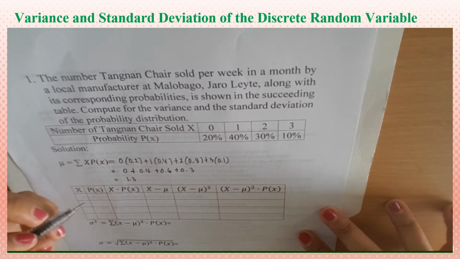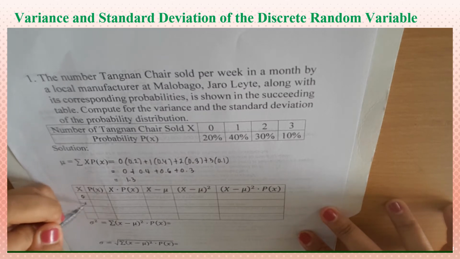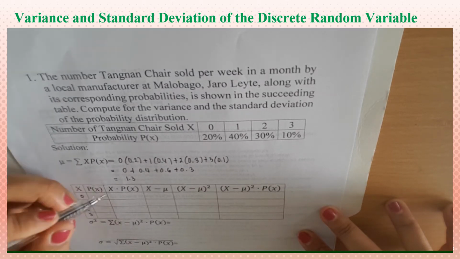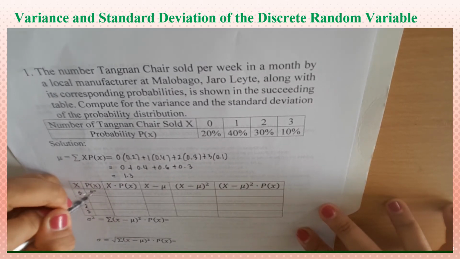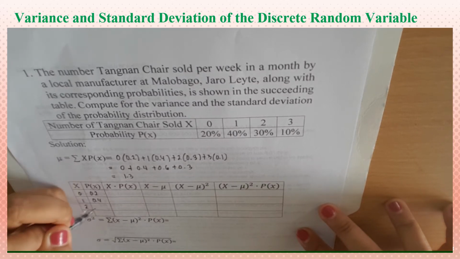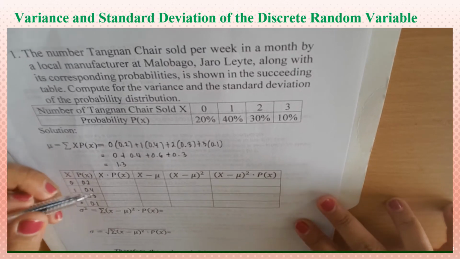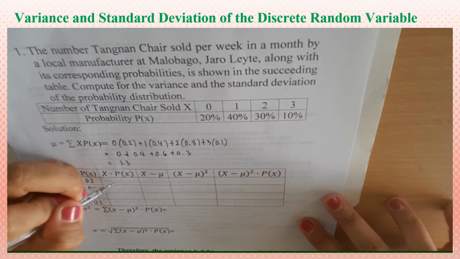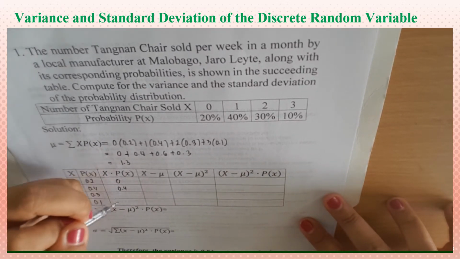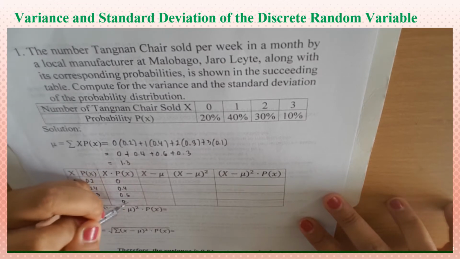So you write the values of x, which are 0, 1, 2, and 3. Your p of x are 0.2, 0.4, 0.3, and 0.1. Your x times p of x would give you 0, 0.4, 0.6, and 0.3.